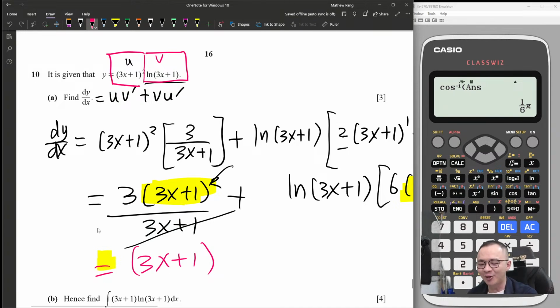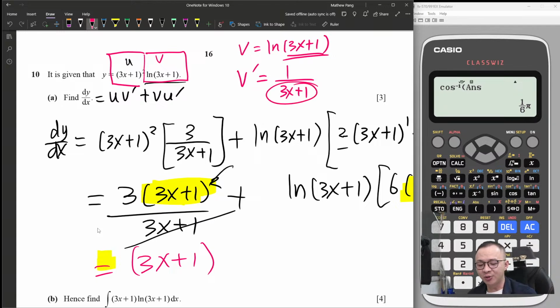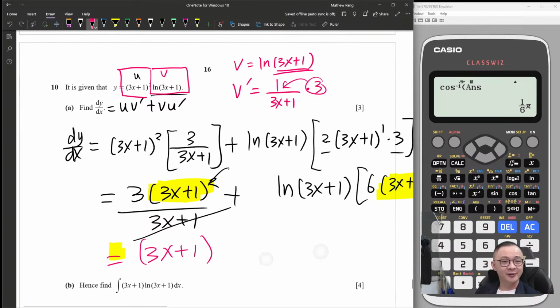If you haven't learned how to differentiate it, if v equals ln 3x plus 1, you differentiate any ln and you get 1 over the whole thing inside the bracket, 3x plus 1. Then you differentiate 3x plus 1 one more time, and you get 3, because differentiating 3x gives 3, and plus 1 gives 0. Then I multiply the 3 on the top. You got it? I hope you can get it.